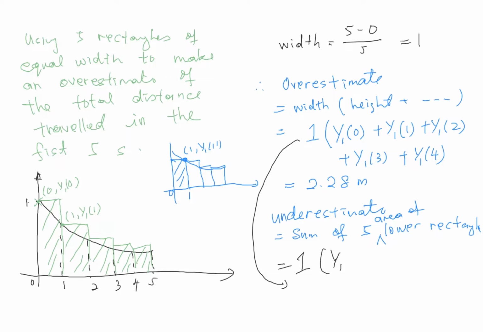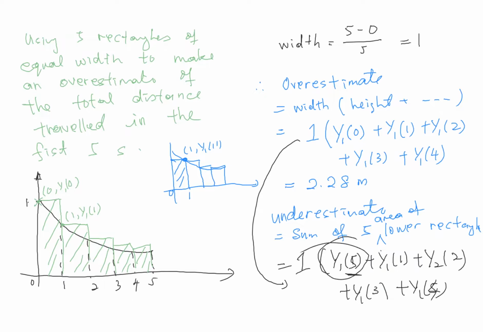You change the 0 to 5, because I want it to be from 1 to 5. And the last one is y5. So I just change the 0 to 5. I will get the underestimate.